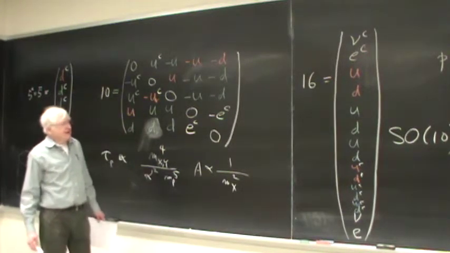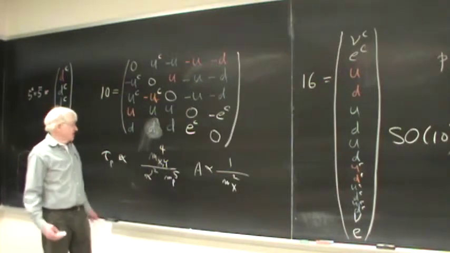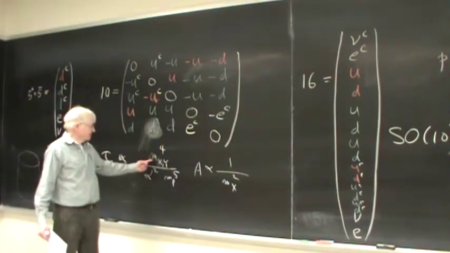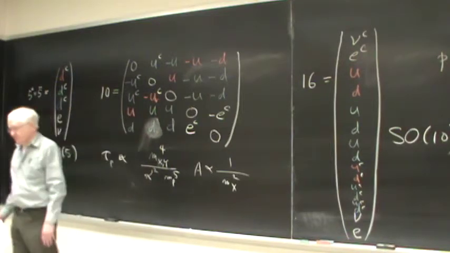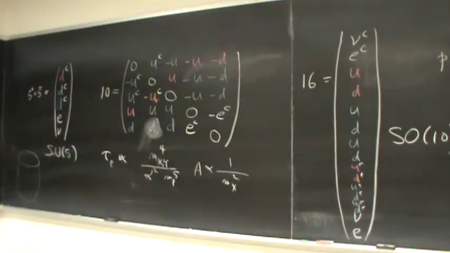So by jacking this up, you can get the lifetime long enough so that we wouldn't have seen it in these detectors. Of course, these proton detectors turned out to be marvelous neutrino detectors and became useful in particle astrophysics.